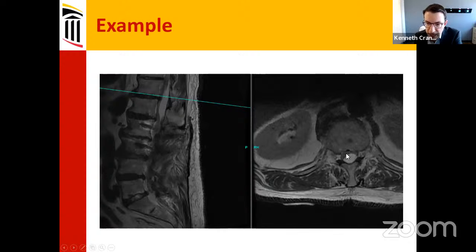And you can see on the axial, again, the spinal cord is being compressed and deviated ventrally. So the question is, what the heck is going on here? We didn't operate there, and the bigger question is, what do you do for this patient? Do you have to take him back to the operating room and perform laminectomies up here and then open up the dura and see what's going on?